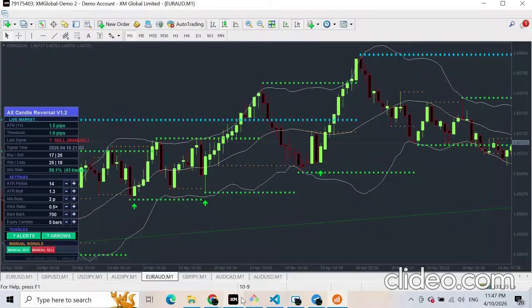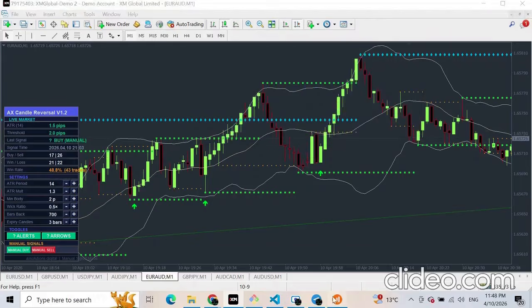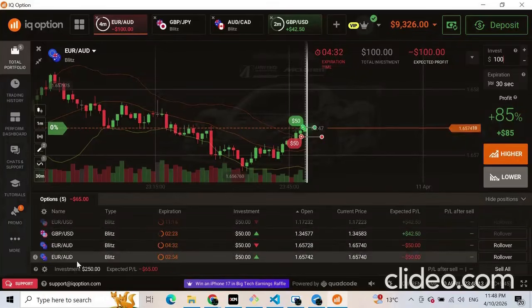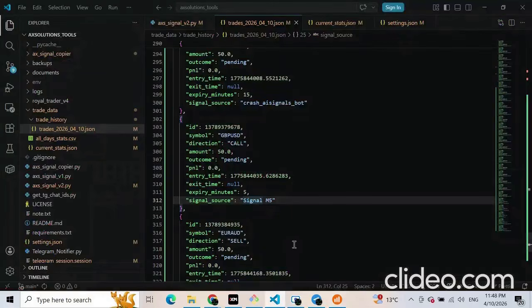Now instead of 5, let's make it 3 minutes, and instead of sell, let's generate a buy signal. Okay, this time there must be a Euro AUD 3-minute buy. Here you can see Euro AUD Blitz option 3-minute call trade, right? So everything seems great, working as expected, right?